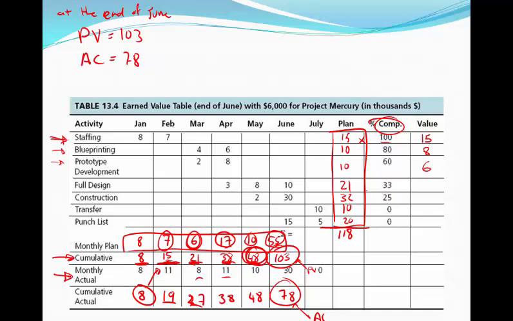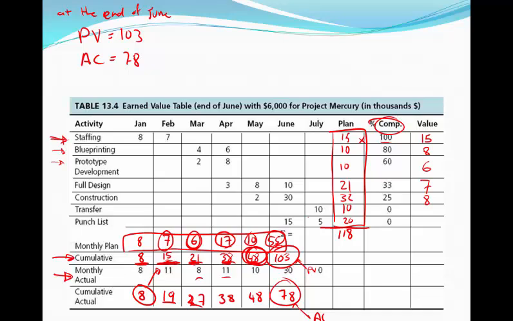Next activity is your full design, $21,000, and we've completed 33% or a third of that. Therefore, the value we've gained on this activity is $7,000. Construction is valued at $32,000. We've completed a quarter of that, or 25%. The value we've gained is $8,000.